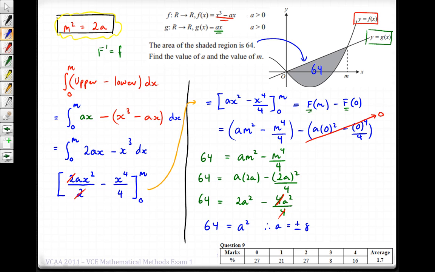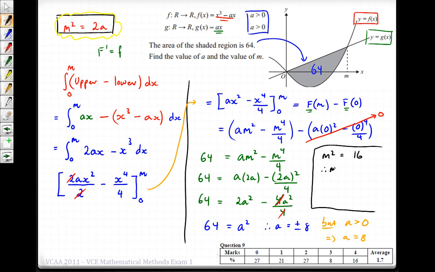However, a is greater than 0, which implies a equals 8. Then in this little box, I'll find the value of m. If m squared equals 2a, we've got m squared equals 2 times 8, which is 16. Therefore, m equals plus or minus 4.